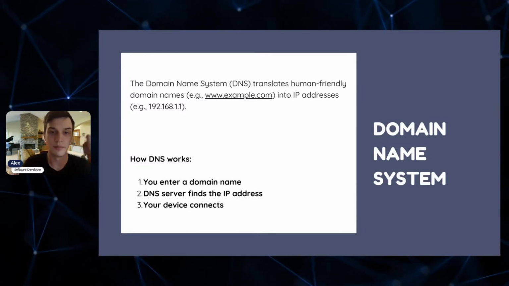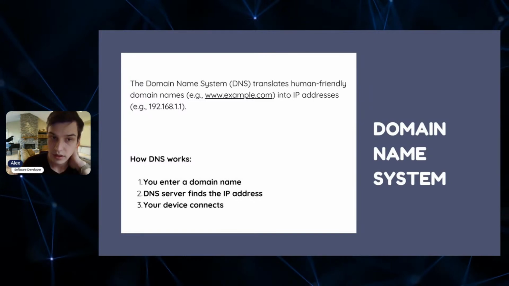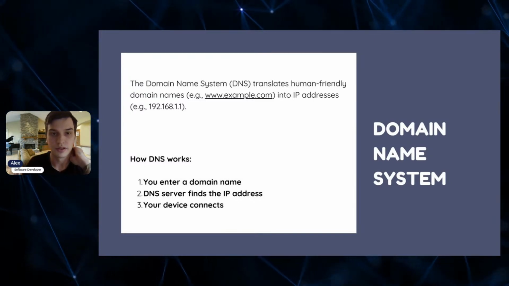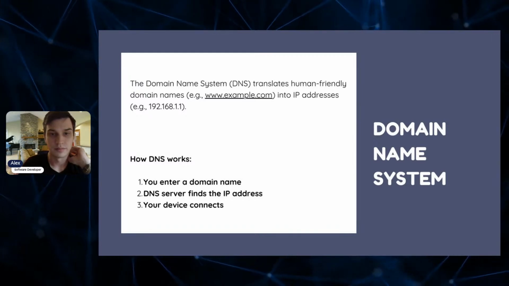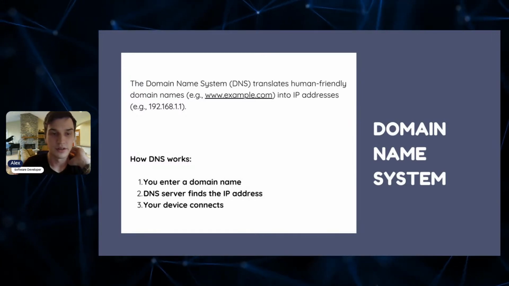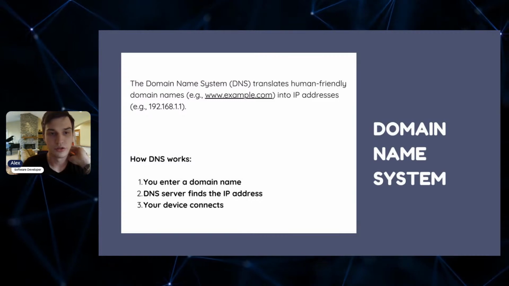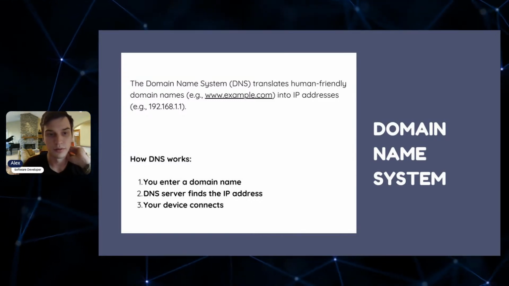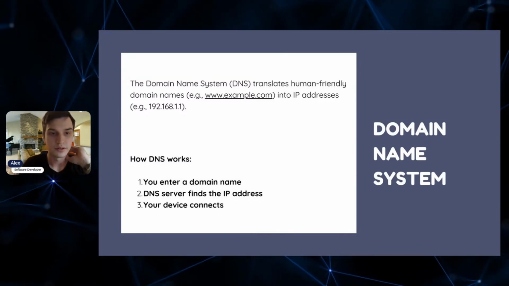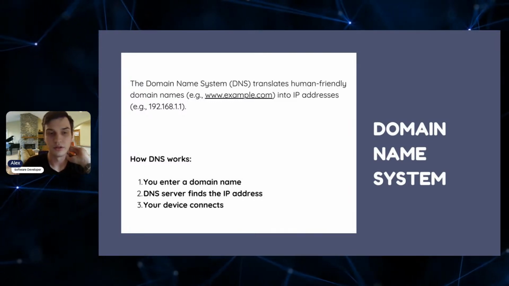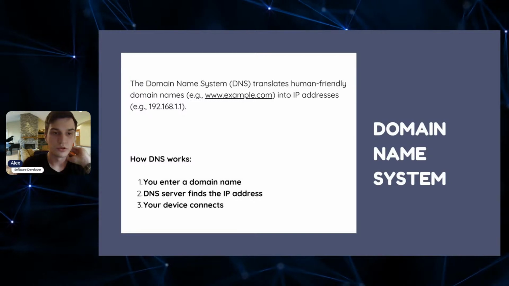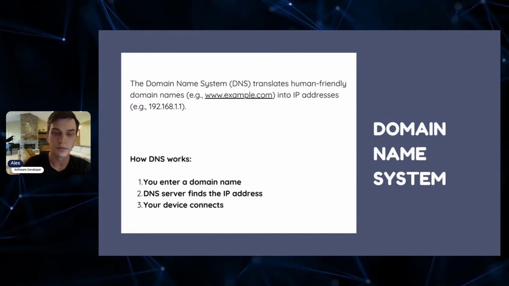And how does the domain name system work? You enter a domain name, for example youtube.com, in your browser, and your browser sends a request to your router. Then your router sends the request to the provider. The provider sees that you want to reach youtube.com, and he looks up who is youtube.com. So who in the network has this name?